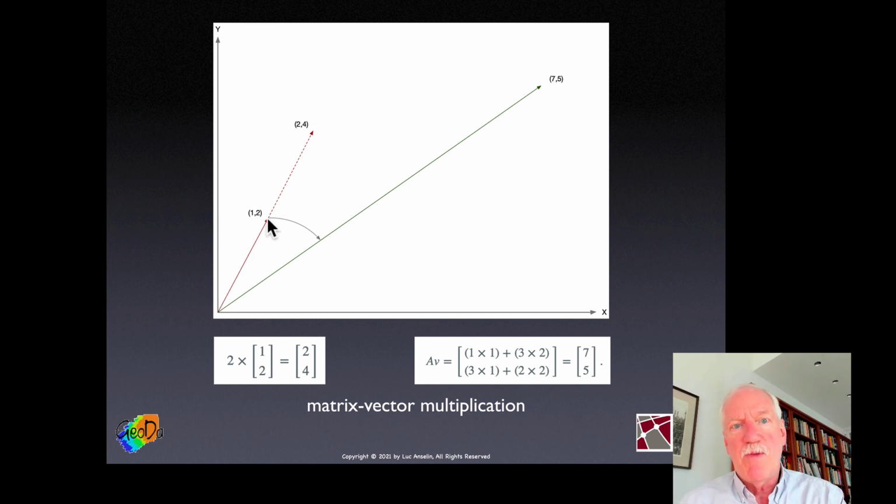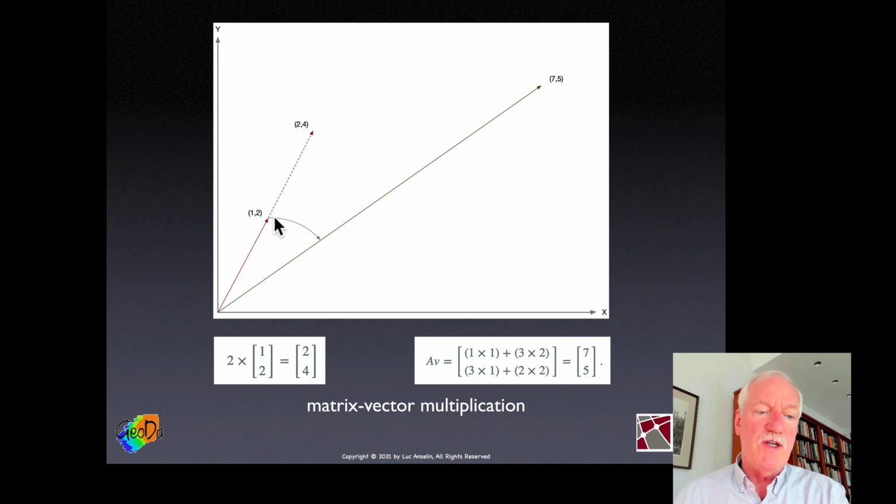What happens when we multiply this vector by a scalar? We just move it out along the same direction. So multiplication by a scalar is just rescaling, changing the length of the vector. Multiplication of a vector, pre-multiplication of a vector by a matrix involves 2 operations.